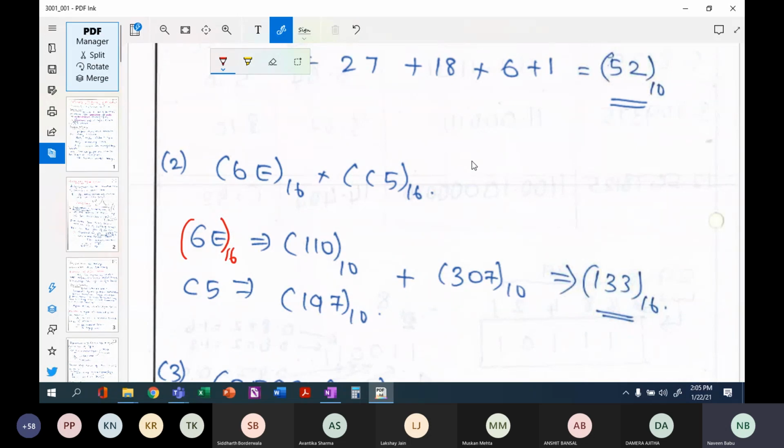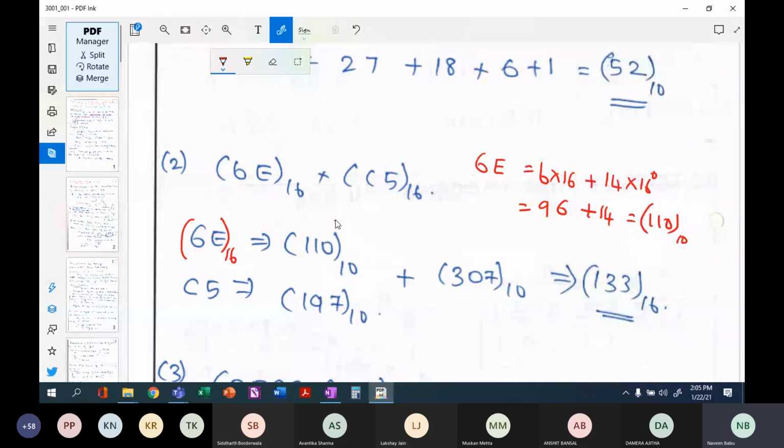So 6E can be written as 6 into 16 plus E, which corresponds to 14, multiplied by 16 power 0, which is 1. So 6 6s are 36, 96 plus 14. So this is going to be 110 to the base 10.